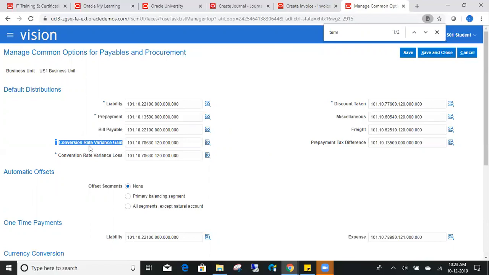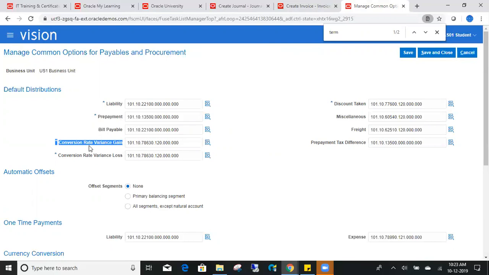Tomorrow the 72 may go to 75, the 75 may go to 80, and sometimes it will come to 69 also. Okay. So if it increases, it's a gain for us. That means you have to pay 72 rupees for $1.